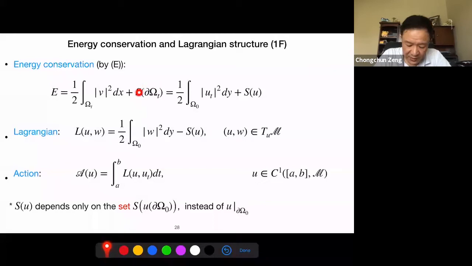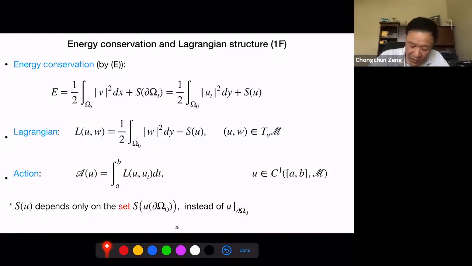Here S is the surface area, and this is the total energy. So there is a kinetic energy and there is a potential energy of the surface area. When we take the Euler equation and derive the conservation law, physically probably it's the other way around: one could set up the energy and the Lagrangian and derive the equation.